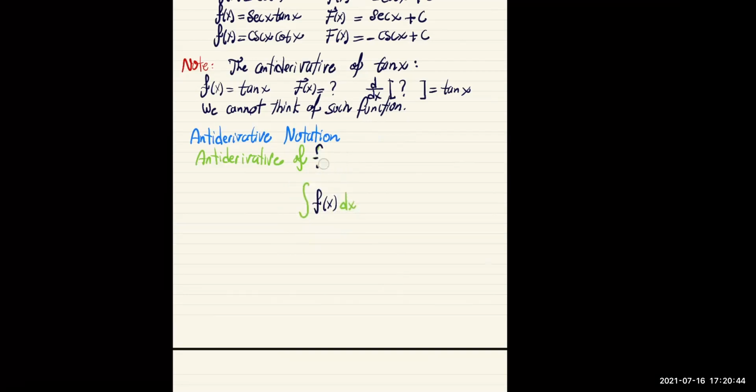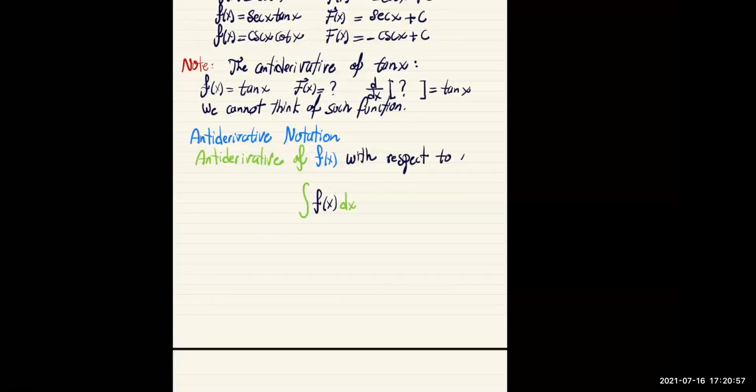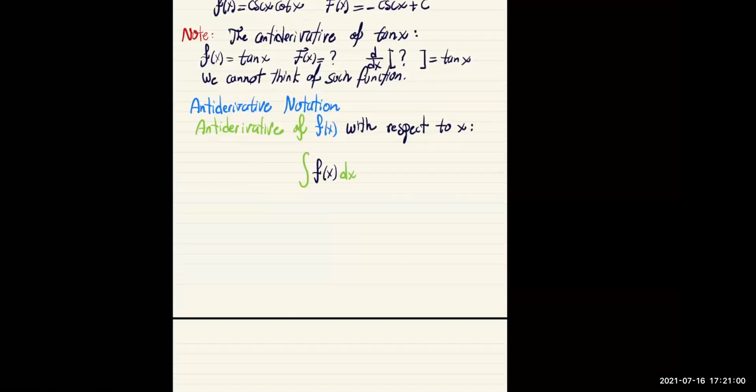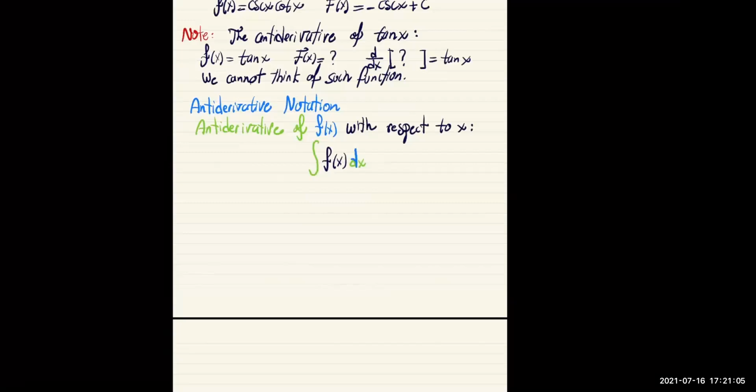Hold on a second, let me use different colors. I'm going to use blue for f of x. So dx here is what it means with respect to x. Again, the stretched s notation means antiderivative. Then you say f of x, and then dx means with respect to x.